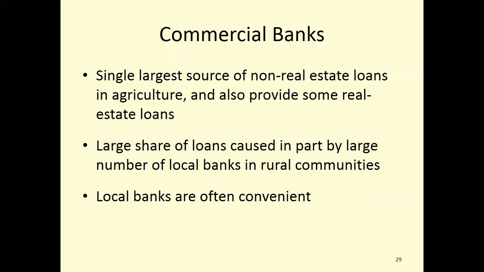Large share of loans caused in part by large number of local banks in rural communities. Local banks are often convenient. Yeah, most of your families, I'm assuming, obtain their credit through their local bank. They know their local loan officer. That's convenient for them, and they have a personal relationship.